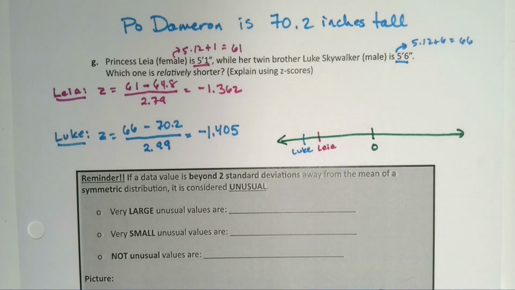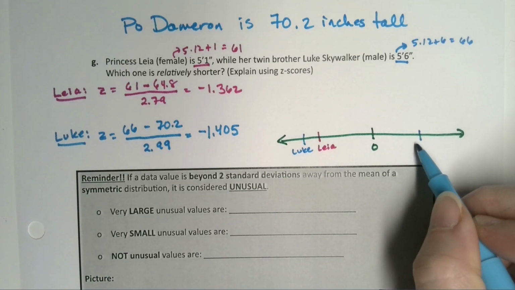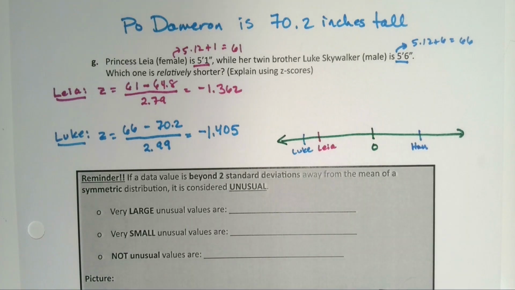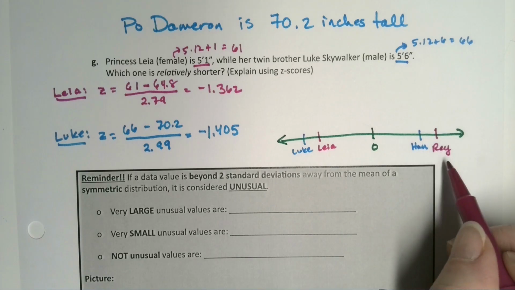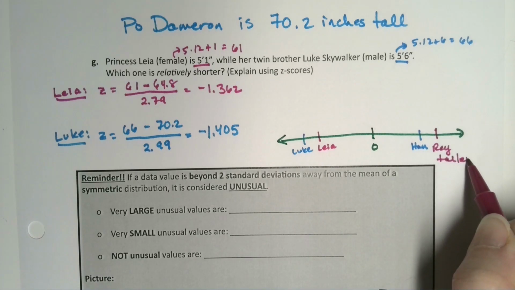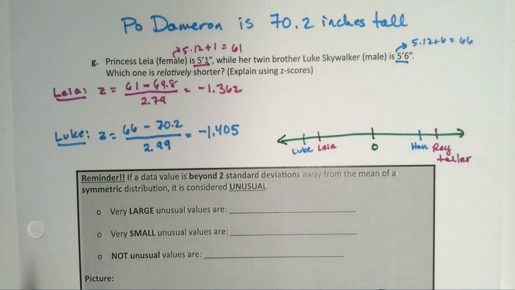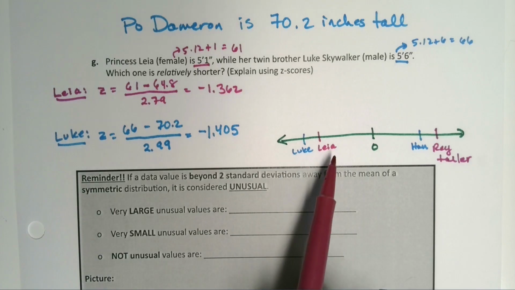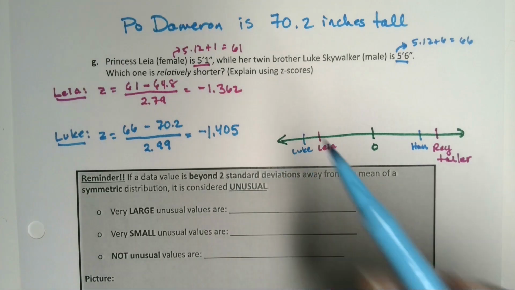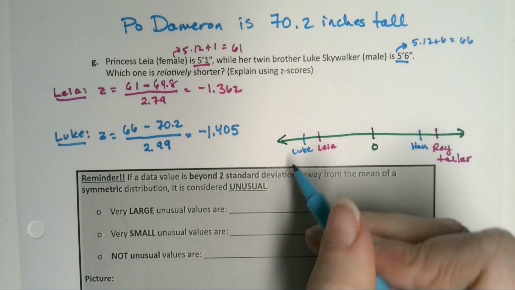And by the way, on the other side, Han was right here at positive 0.93 something. This is not to scale. And Rey was over here. So Rey was taller because her z-score is further to the right. It's higher. Leia's taller, Luke is shorter, because his z-score is further to the left.